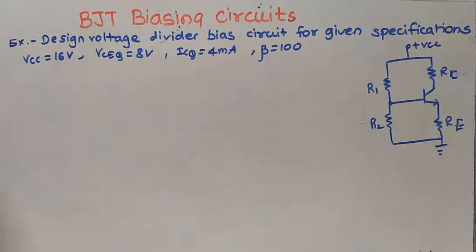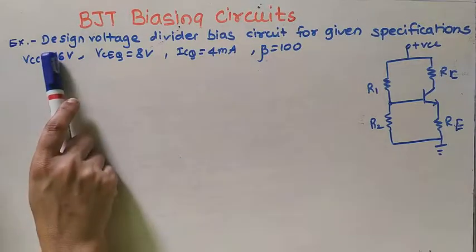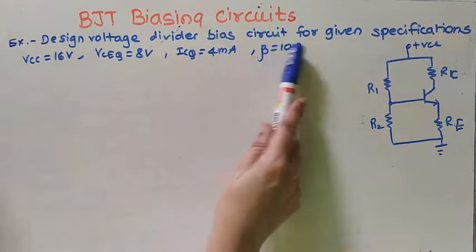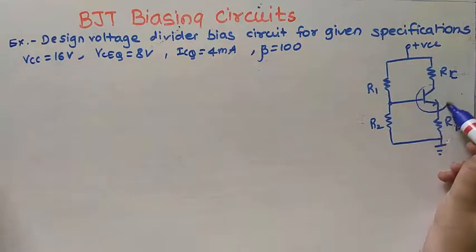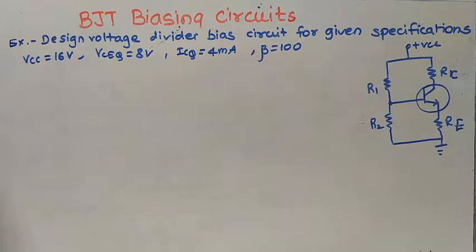Now our second numerical: design a voltage divider bias circuit for given specifications. We have to design the network, that means we have to identify the values of all the resistances present in our circuit, as well as select the transistor as per the specifications. So what are the specifications given?